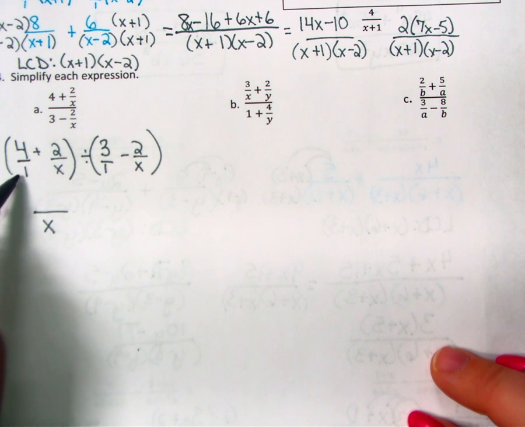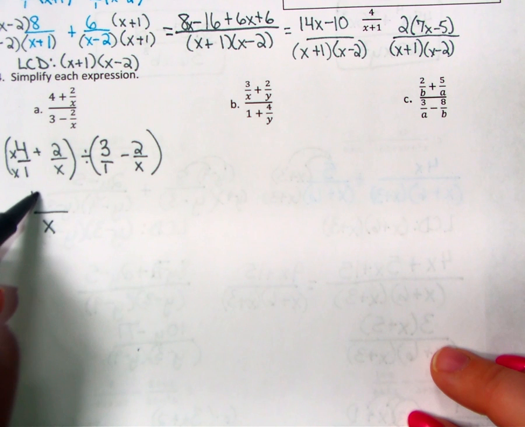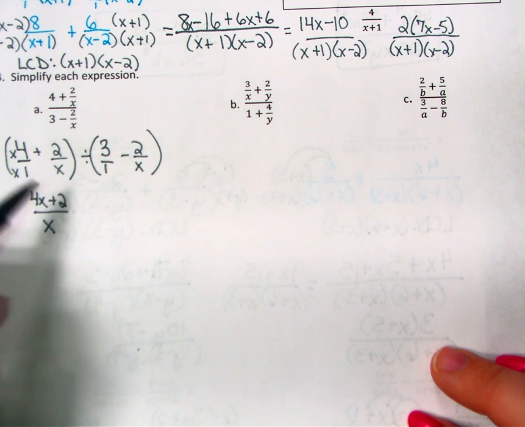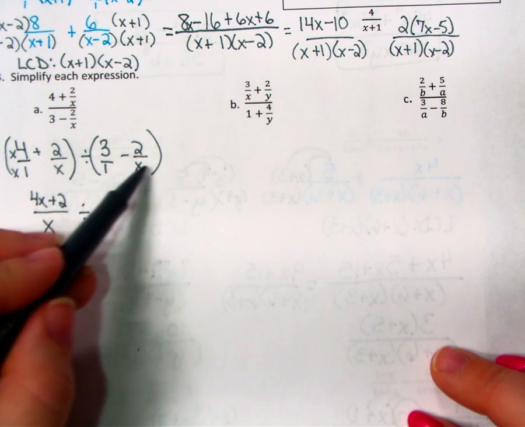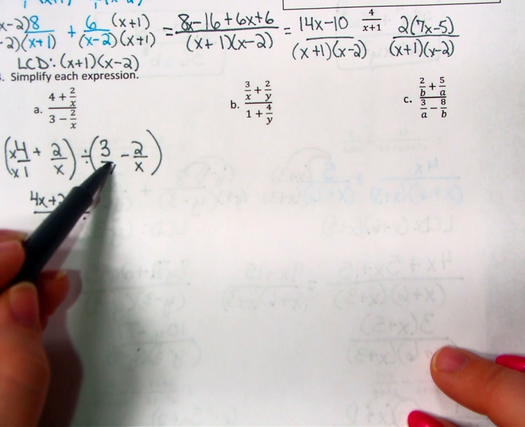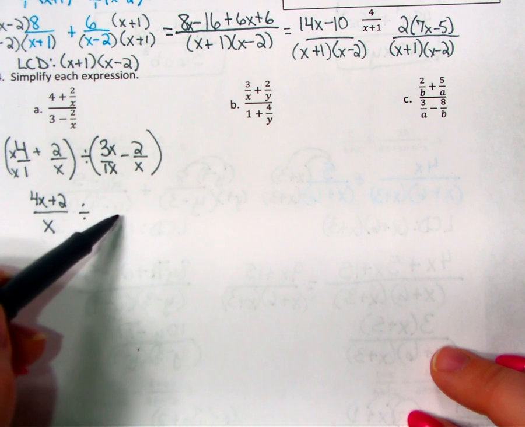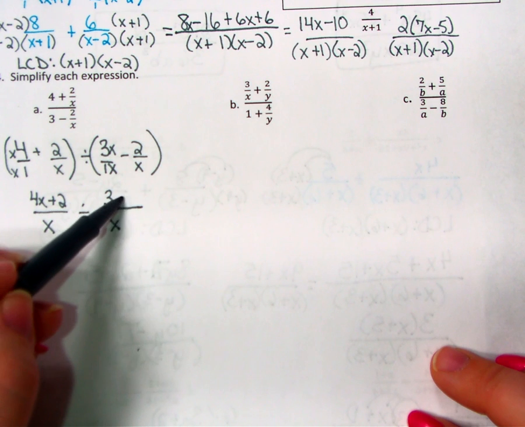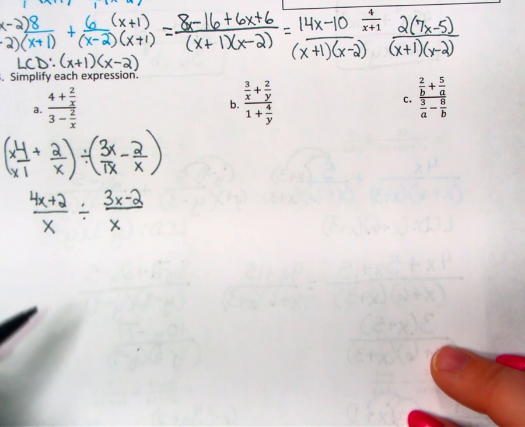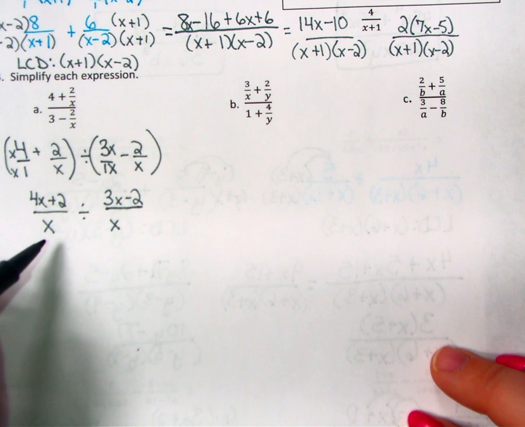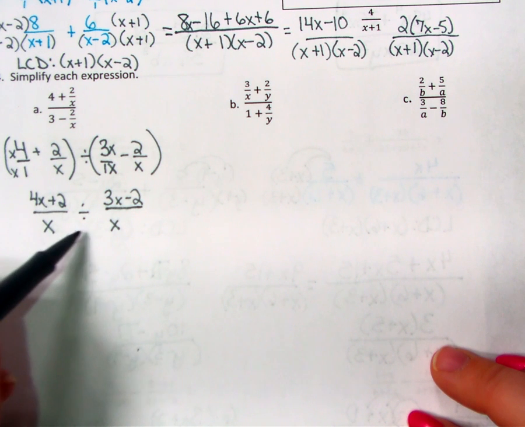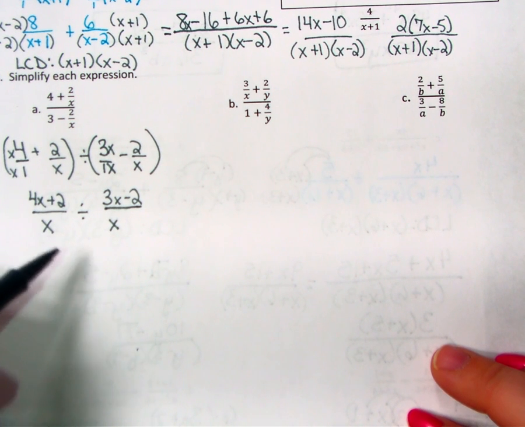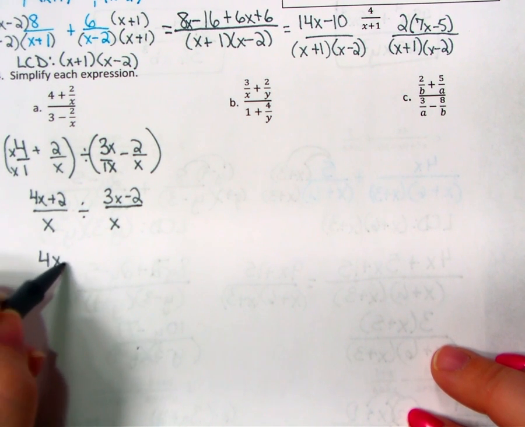This needs an x in order to become common. So I have 4x plus 2. And for my bottom part of the fraction, I need an x on top and bottom. So this becomes 3x minus 2. Now, remember when we are dividing fractions, we keep the first one the same.